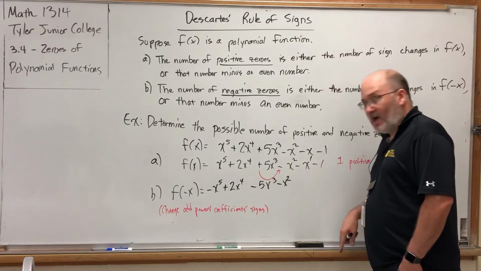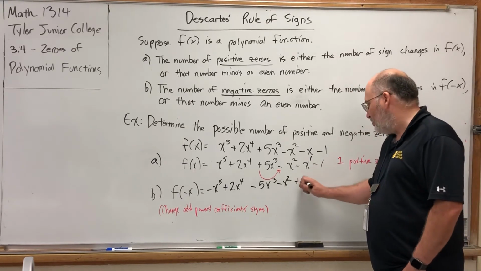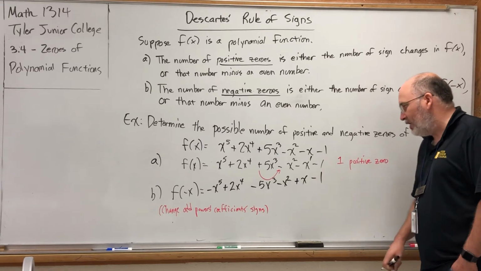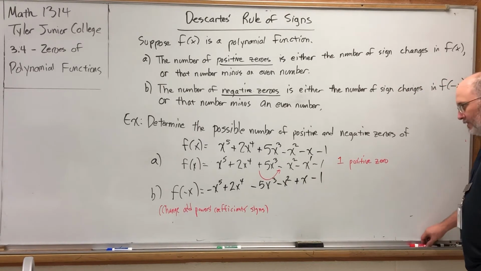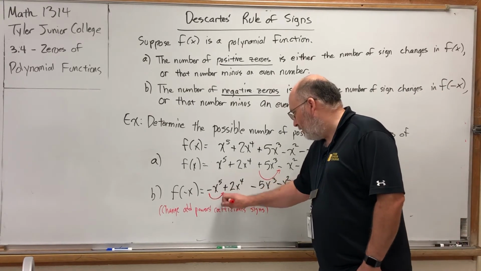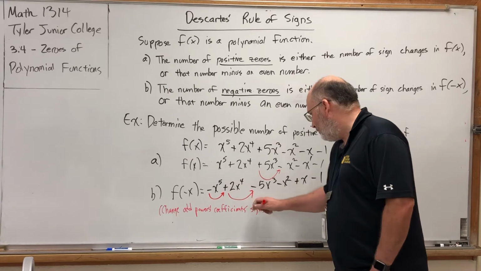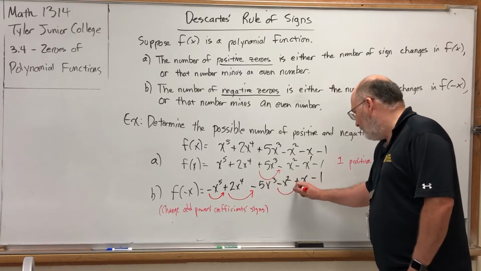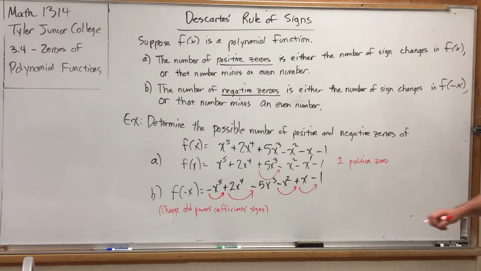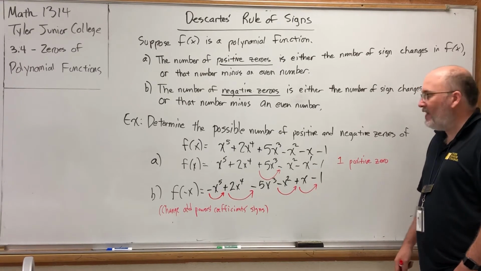X to the first is an odd power, it will change, so it'll change to positive. And the constant term doesn't care what the x is doing, it stays the same. Now let's count sign changes. Doesn't take long. There's one, there's another, and there's another, and there's another. So we got a total of 4 sign changes in f of negative x.